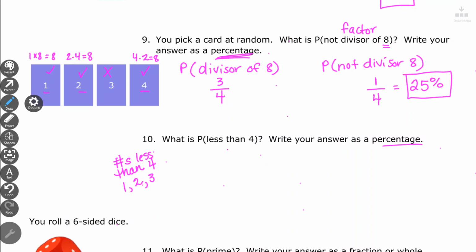No, it's equal to. So we know that there are 3 numbers, and there are 4 cards, but they want the answer as a percentage. So 3 over 4 is another common fraction to a percent that we need to remember, and that would be 75%. So the probability of choosing a card less than 4 would be 75%.